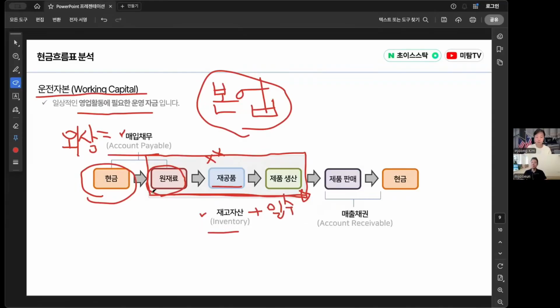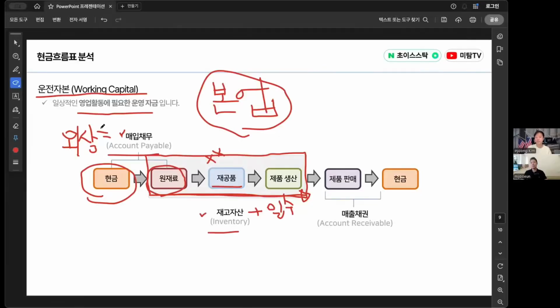Inventory turnover days means how many days it takes from buying raw materials to making the goods. So, the lower the inventory turnover days, the more likely the goods will move out much faster. That means if you make things quickly, there's no time for inventory to pile up and everything speeds up. So I mentioned that inventory turnover days is also a very important indicator in the manufacturing industry.